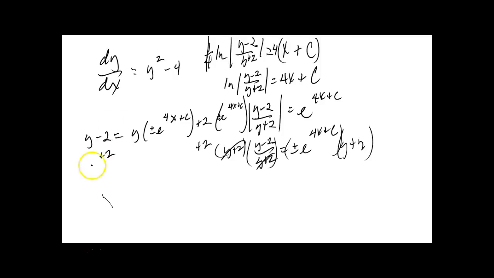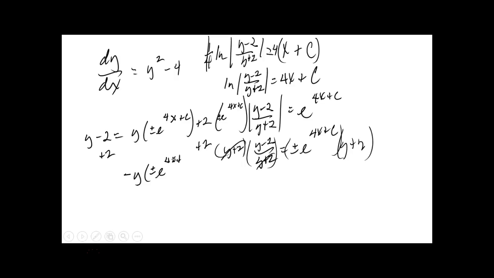So I added 2 to both sides. And that leaves, and what I want to do is subtract y plus or minus e to the 4x plus c, minus y plus or minus e to the 4x plus c.